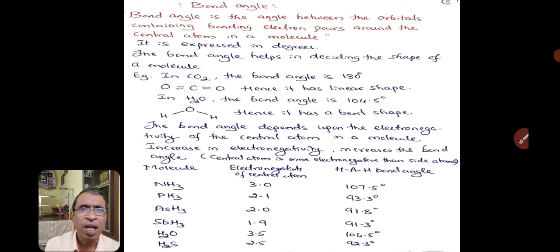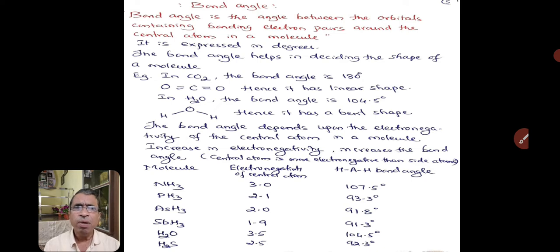Because of the lower electronegativity, the bond angle reduces from 107.5 degrees to 93.3 degrees. In the case of arsine, the electronegativity of arsenic is 2 and the bond angle becomes 91.8 degrees. In the case of stibine, the electronegativity becomes 1.9 and the bond angle becomes 91.3 degrees.